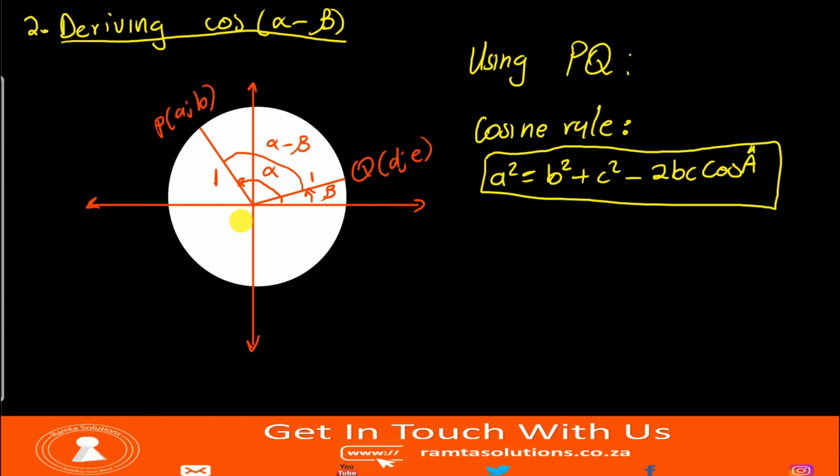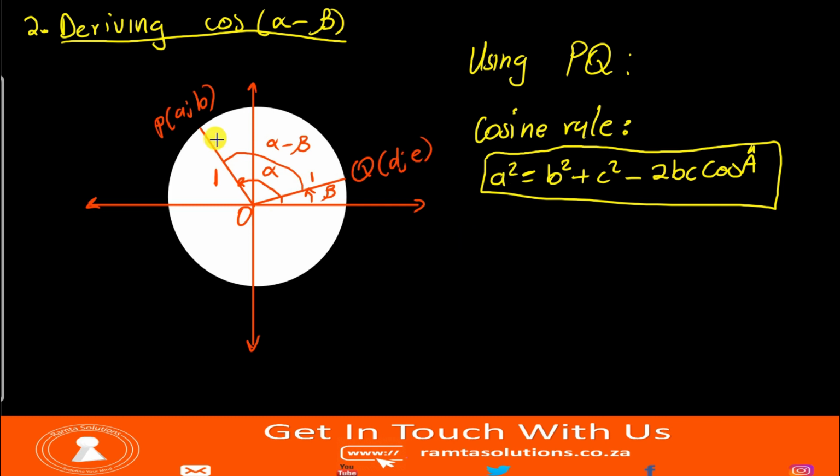Remember, this is the center of the circle. Since this is the center of the circle, the line from the center to the circumference is the same throughout the circle, right? So OP is also equal to OQ because they are the radii. Now let's come back to this. If we look for PQ, let's try with PQ squared.